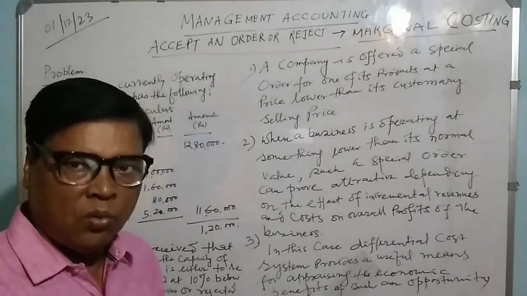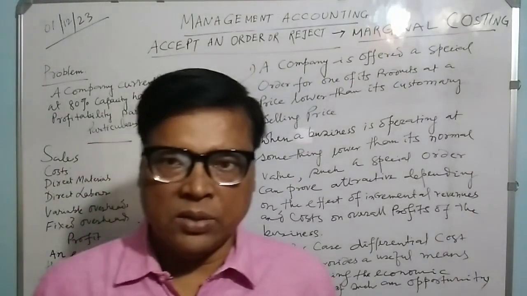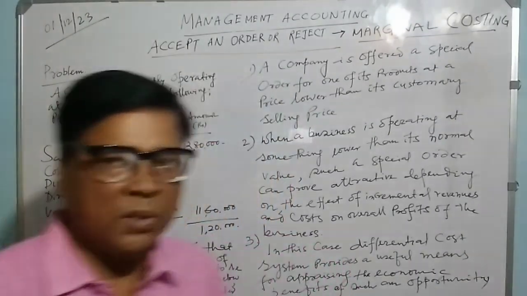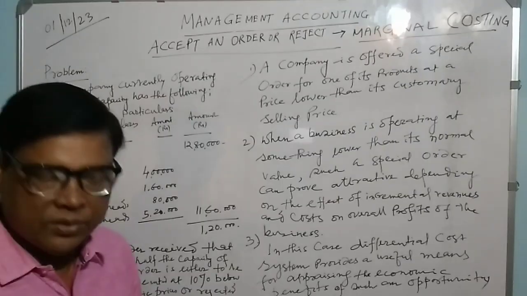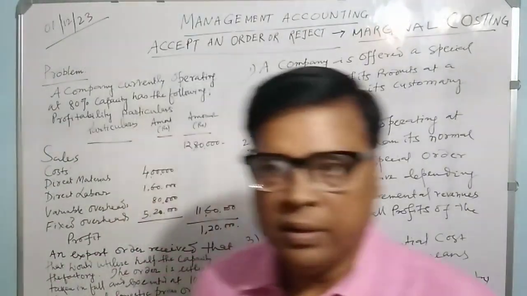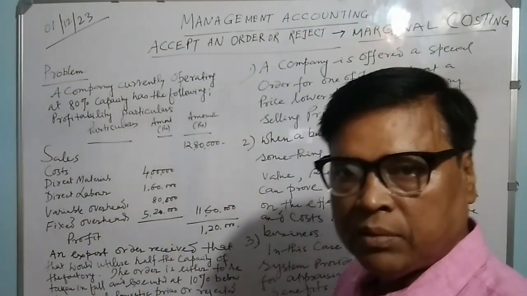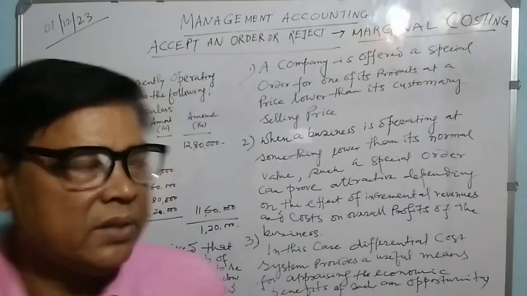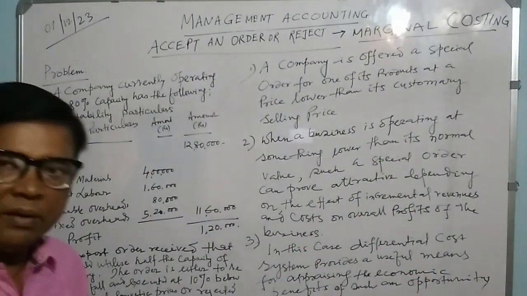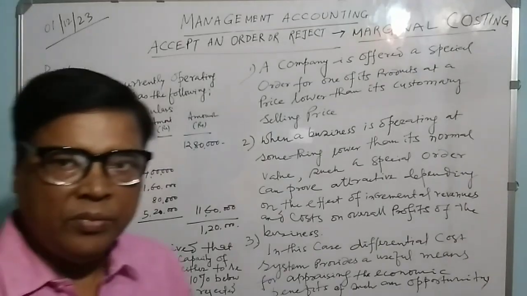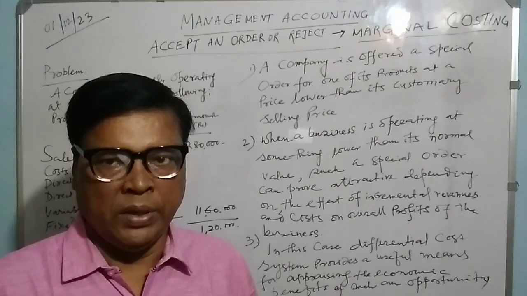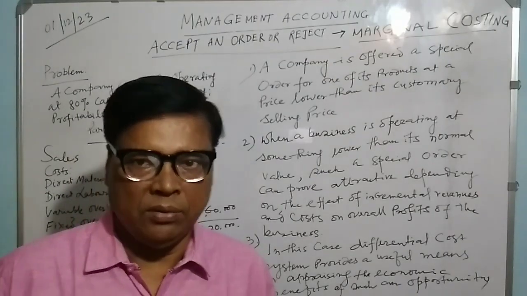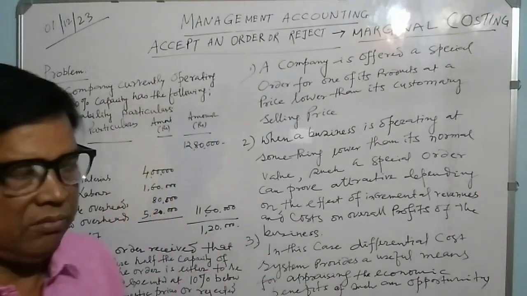As you have been watching the last 3-4 days, these are the important areas under marginal costing. Marginal costing, as you know, is an important tool in the hands of management for decision making.